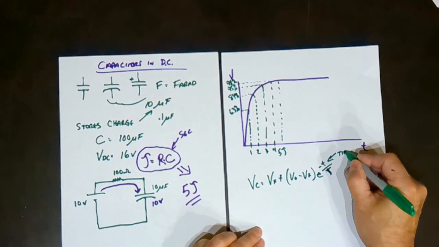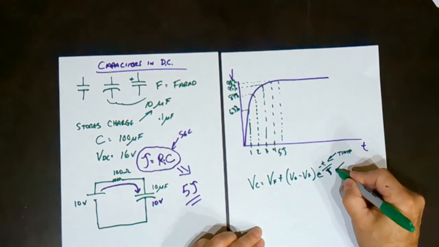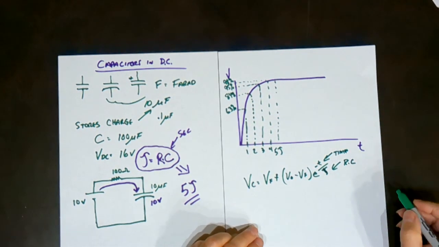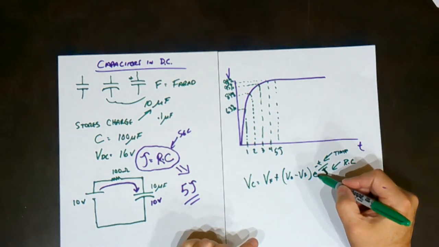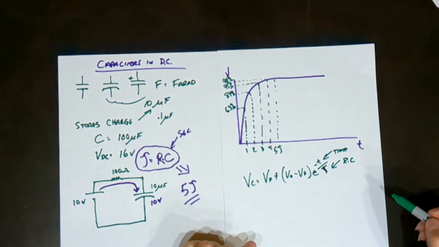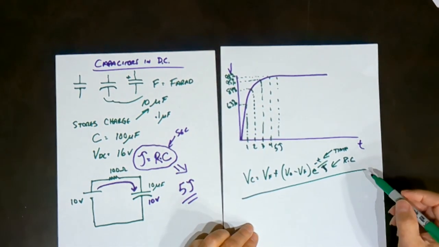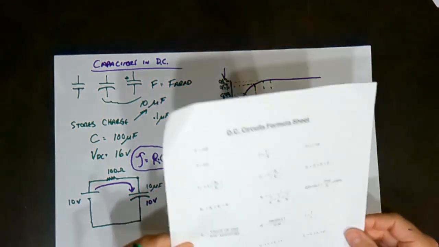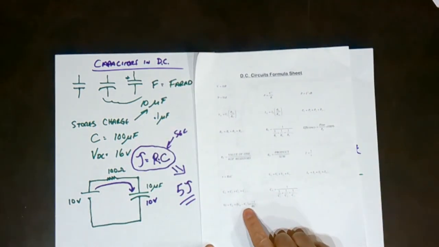So this is time. Tau is R times C in the circuit. E is the natural log base, which is what creates this particular graph. This formula is on the formula sheet for the course that we've been using all along. It is the final formula on the sheet, which is right there.